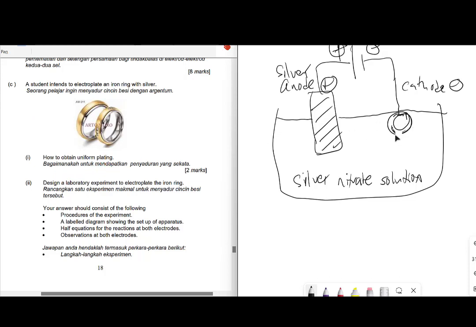There are two ways you can do that. So I'm going to put the answer for part one right now. Two methods you can do. The first method is, first, the surface of the ring you must clean.